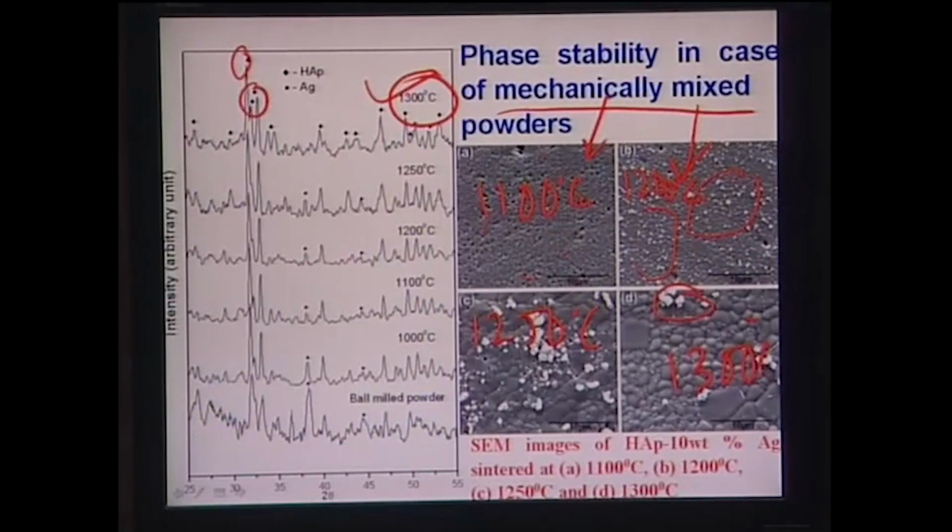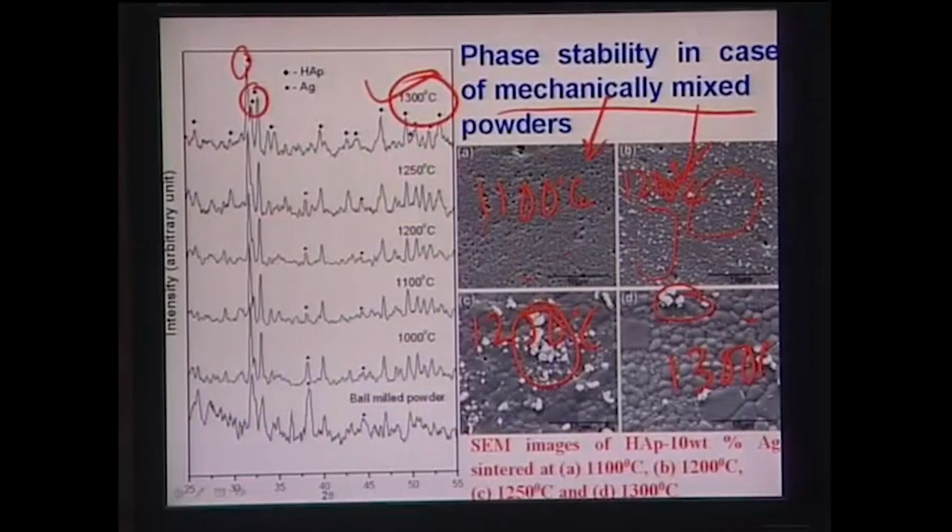Now you do notice certain differences in the distribution or morphology of the silver. At 1250 degrees Celsius you see that silver clusters are forming, or silver is forming some aggregates. However, at 1300 degrees Celsius, you see that silver is clearly distributed along the grain boundary region.